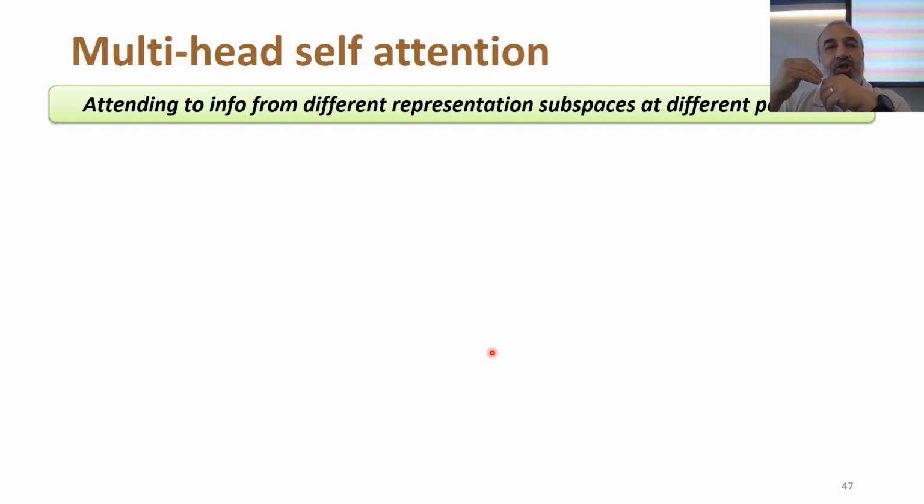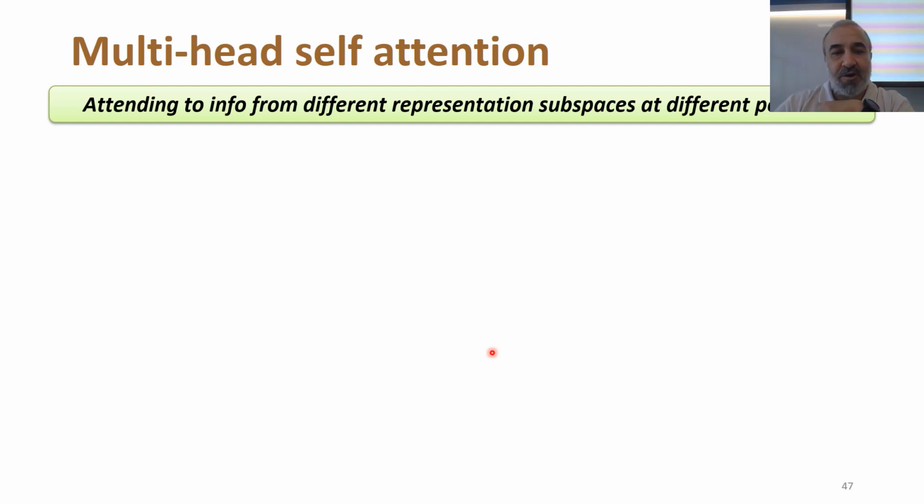For example, one head might do this coreference resolution that we discussed before, the pronouns, which words each pronoun is referring to, which is the typical way of the intuition of the attention. Another one might look at the head noun of the sentence. Another can look at the main verb of the sentence. So we get different kinds of relationships instead of just one.